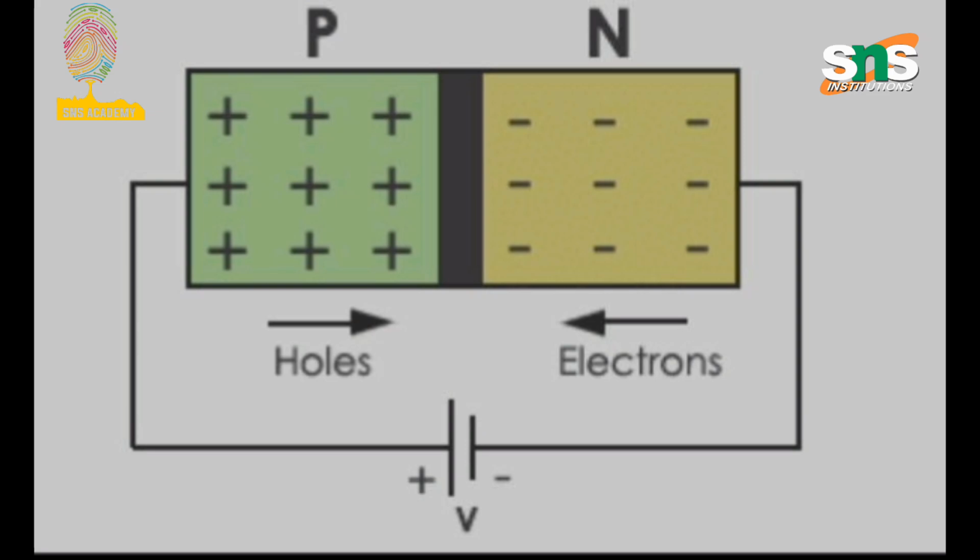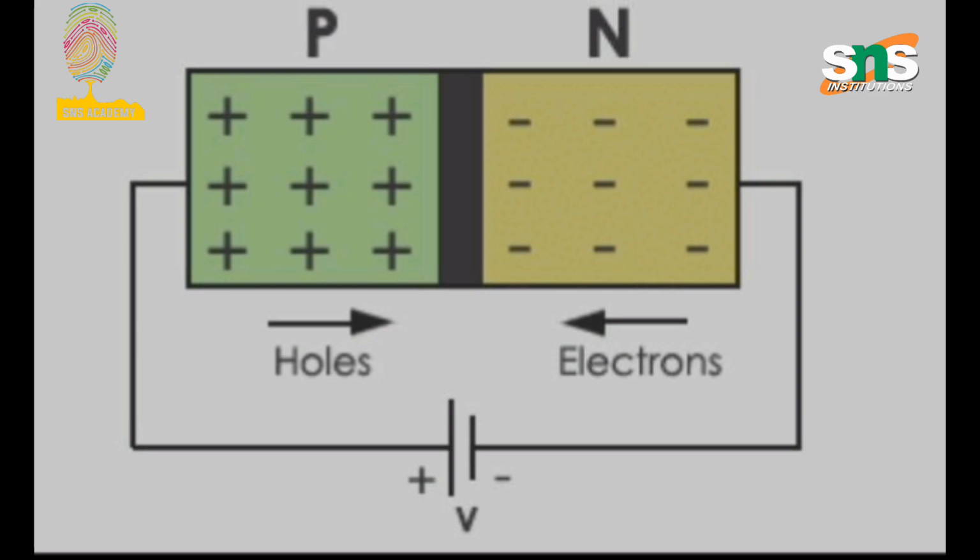Similarly, when a hole diffuses from p to n due to the concentration gradient, it leaves behind an ionized acceptor, that is a negative charge, which is immobile. As the holes continue to diffuse, a layer of negative charge, or negative space charge region, is developed on the p side of the junction.